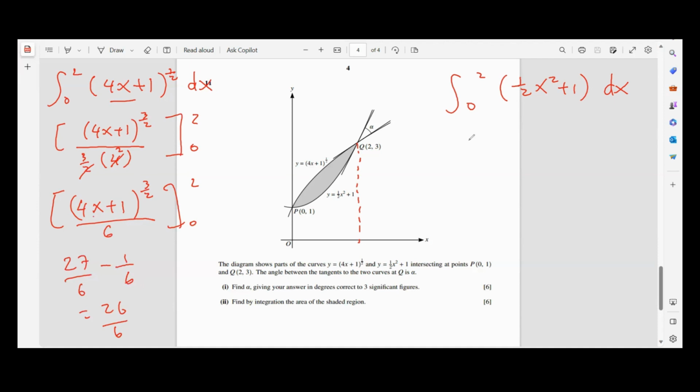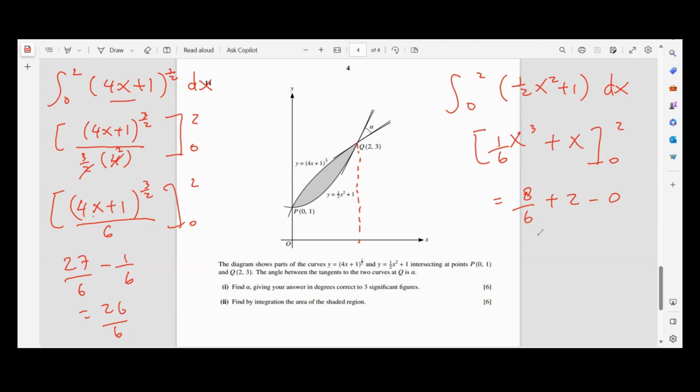And then for the other one, okay, I will integrate it directly. This is x to the power of 3 over 6 plus x, 0 to 2. So this will become 2 to the power of 3, it is 8. So 8 over 6 plus 2, then minus 0.